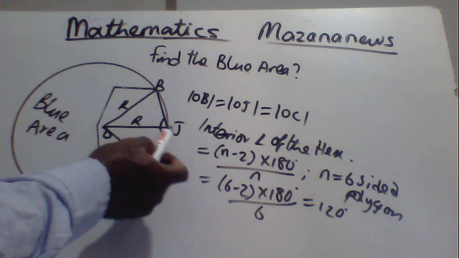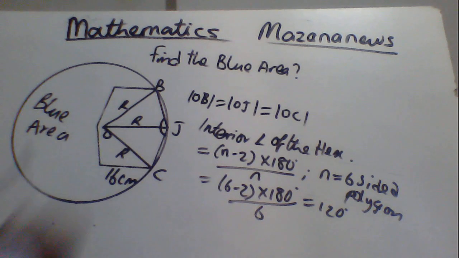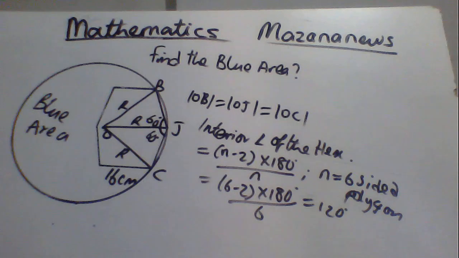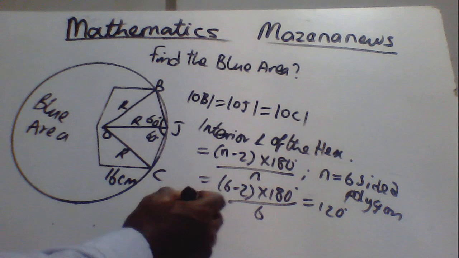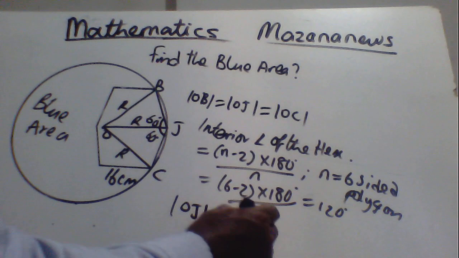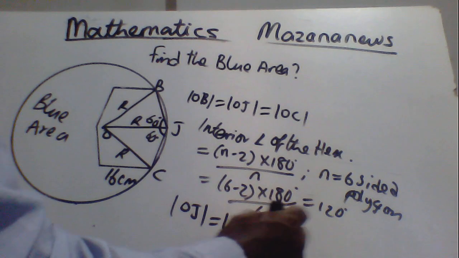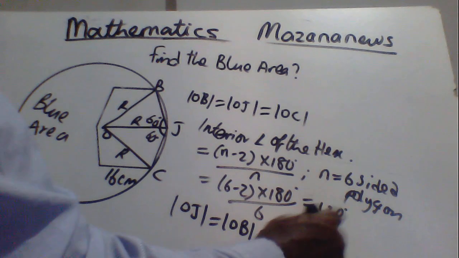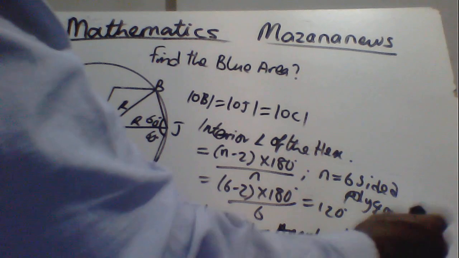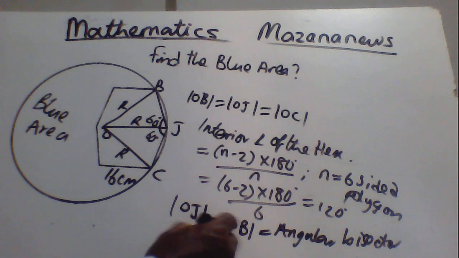We assume that OJ is an angular bisector, so that here will be 60 degrees, and here will be 60 degrees. In the same way, we say that OJ and OB are angular bisectors. Angular bisectors of what?